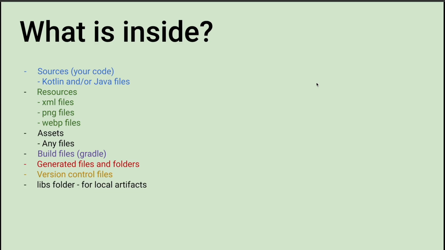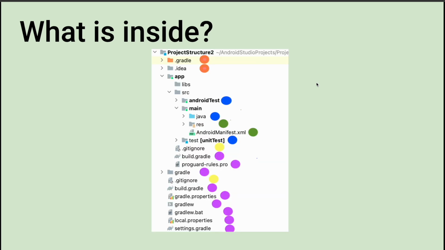Now, after we briefly went through the Android project, we can finally answer this question: what is inside? So as I said before, we have sources, resources, assets, build files, generated files and folders, and some version control system files. Of course, lib folders as well. And I made this simple screenshot to show you how much of all of them we have.